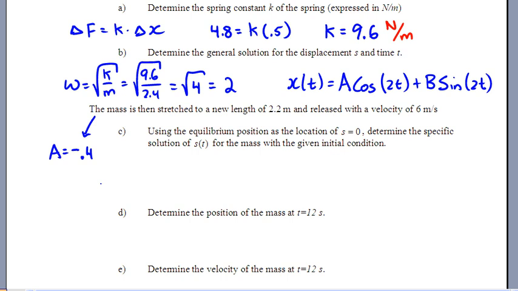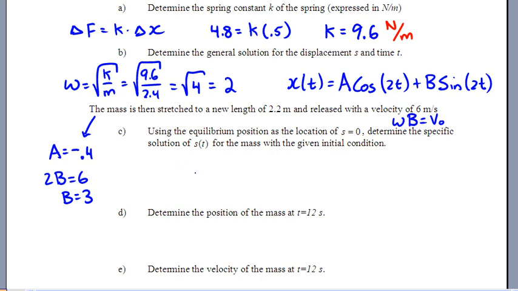Oh, and there's this velocity of 6. Well, remember that for velocities, omega times b is equal to the original velocity. So it looks like 2 times b is equal to 6. Looks like the b is going to equal 3. Okay, so find the specific solution for this story.